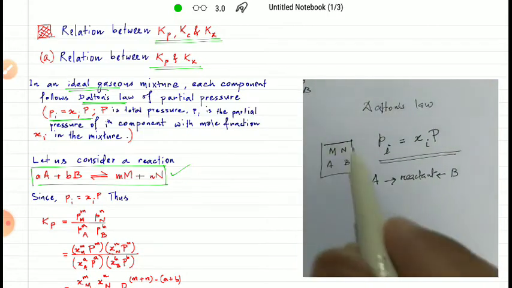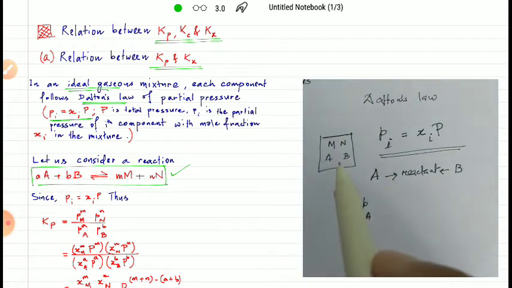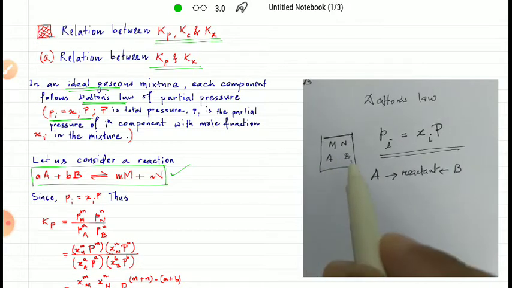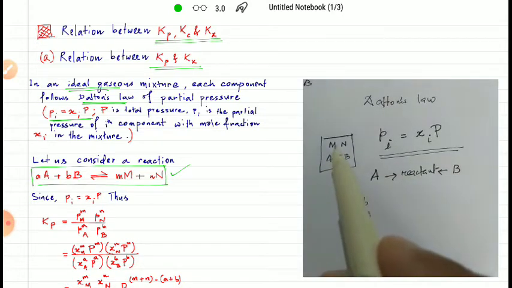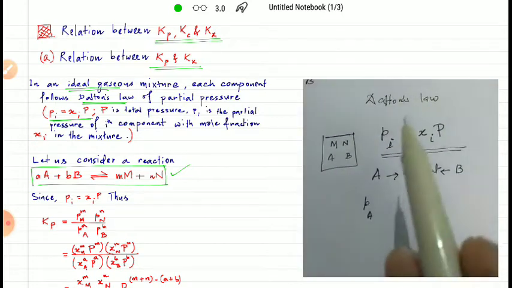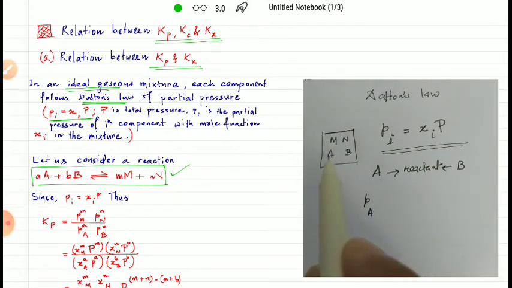But at equilibrium, all the components will be there. That means A will be there, B will be there, M will also be there, and N will also be present in that reaction vessel. Since all are ideal gases, they will exert some pressure on the wall of the vessel.